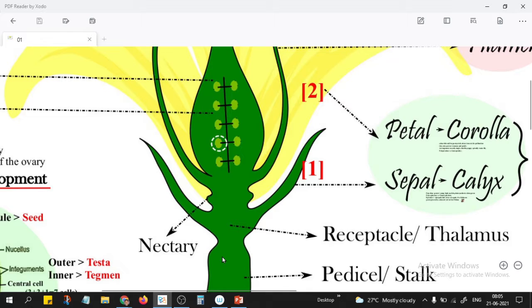Individual is a sepal and together that whorl is called a calyx. Okay, then the second whorl from the outside is called the corolla. Okay, corolla is formed by the combination of all the petals.